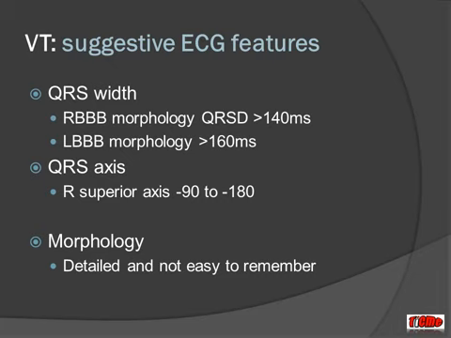If you have a left bundle branch pattern with a QRS duration more than 160 milliseconds, it suggests VT. If you have a right superior axis, it suggests VT. And there's lots of other morphological criteria, lots of information available on other web tutorials. I find that these morphology criteria are less easy to remember in the heat of the moment, so it's more for academic interest.